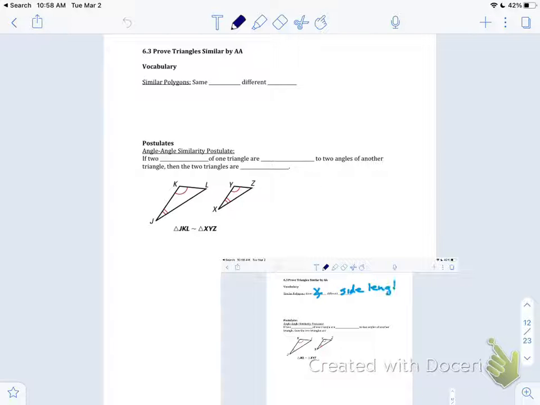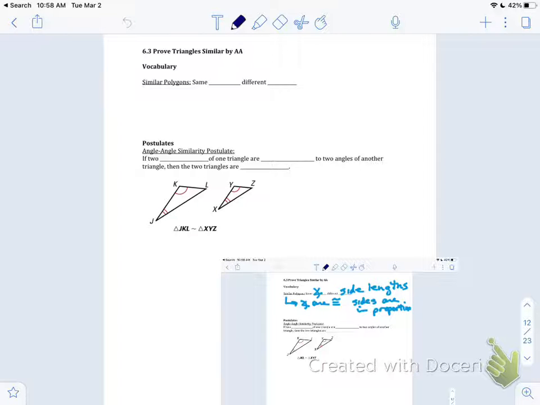Okay, that's kind of an incomplete statement. So what I really want to say about similar polygons is that the angles are congruent, and then what else do we know? Sides are in proportion. Okay, that's a better thing to say.